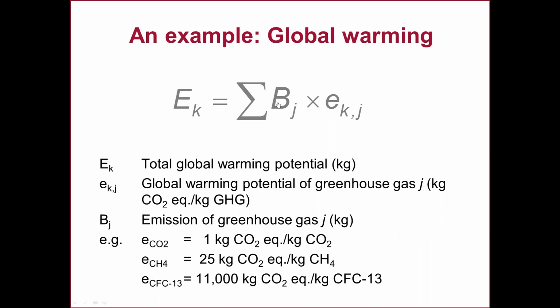So each burden is multiplied by that factor, and then summed. Once we have multiplied all burdens with their equivalent characterization factors, we get the net result as a carbon footprint or global warming.